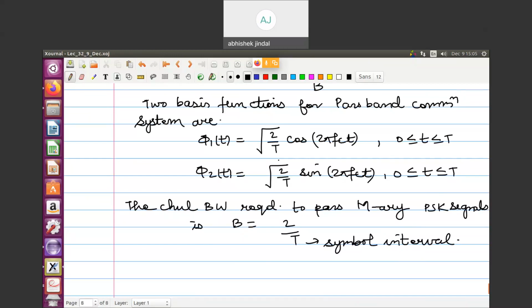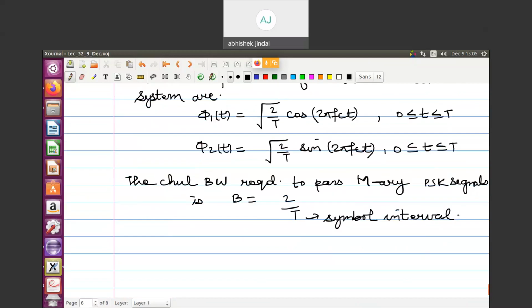How do you get this? See, this is a rect function, okay, and its width is T. So even if I talk about the frequency domain, this is multiplication of a rect function, whose width is capital T and amplitude is root of 2 by T, which gets multiplied by a cosine of 2 pi fct.